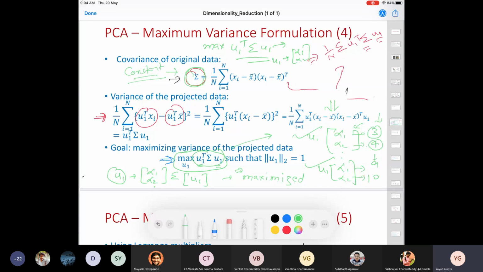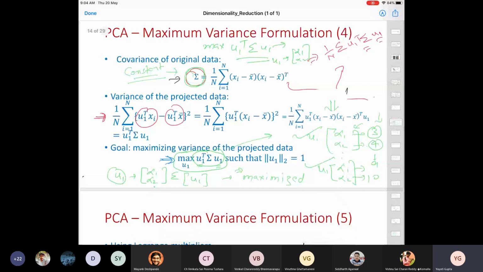The values are not converging because our goal is to maximize this. So just to ensure that we converge to a point, we try to ensure that the norm of this vector is equal to some quantity. In this case, for mathematical convenience, we take it to be 1. So that is why we add this constraint.